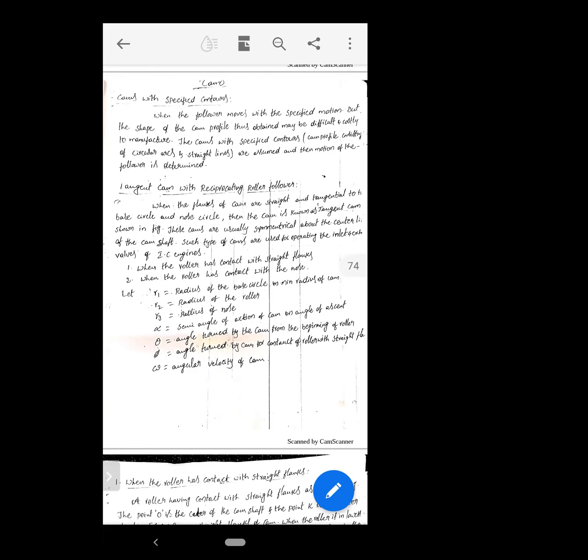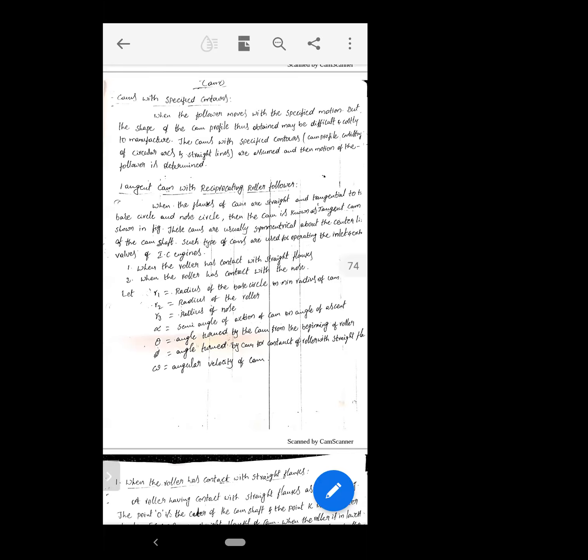Special cams follow a specified motion, and the shape of the cam profile obtained may be different and difficult. That profile is difficult, and manufacturing when we prepare this particular type of cam is also tough compared with regular cams. So those are the special cams.